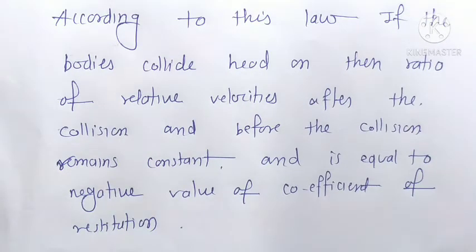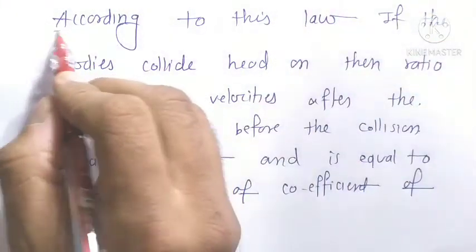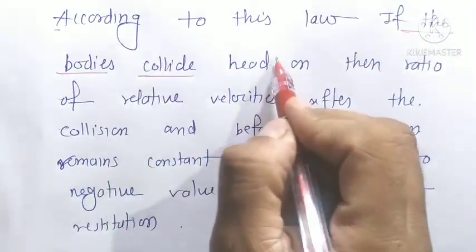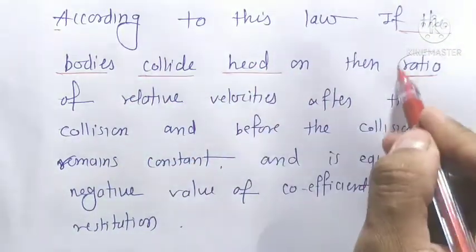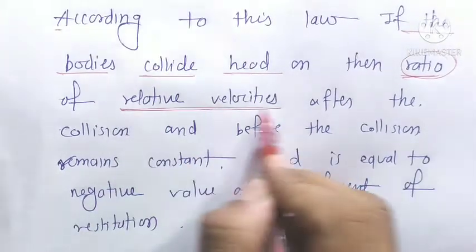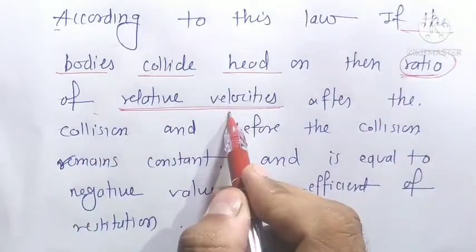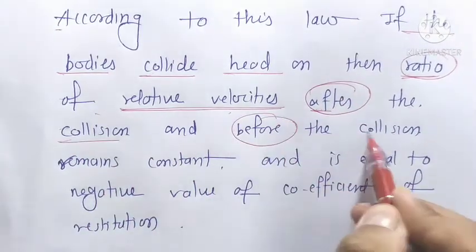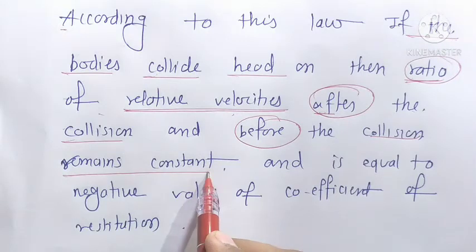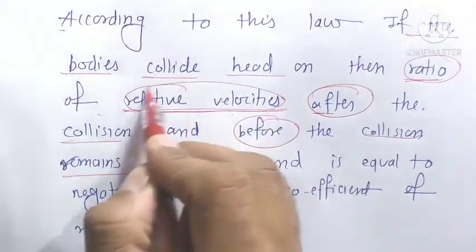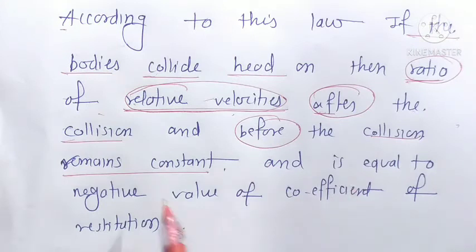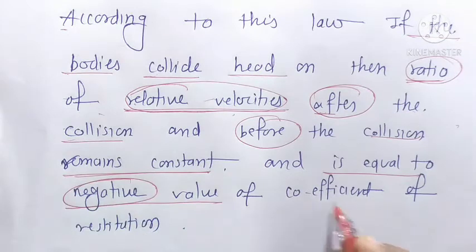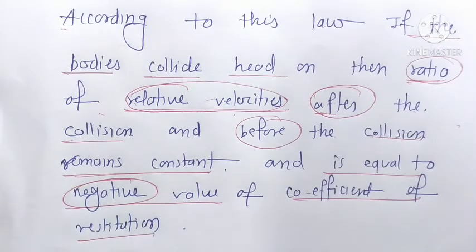According to Newton's law of collision, if two bodies collide head on, then the ratio of their relative velocity after the collision and before the collision remains constant, and is equal to the negative value of the coefficient of restitution.